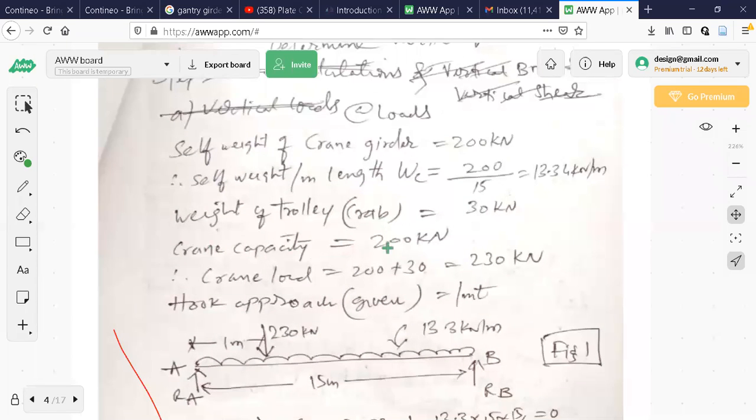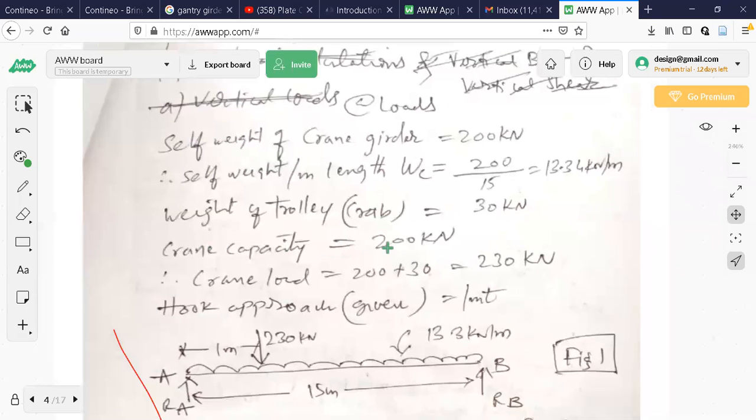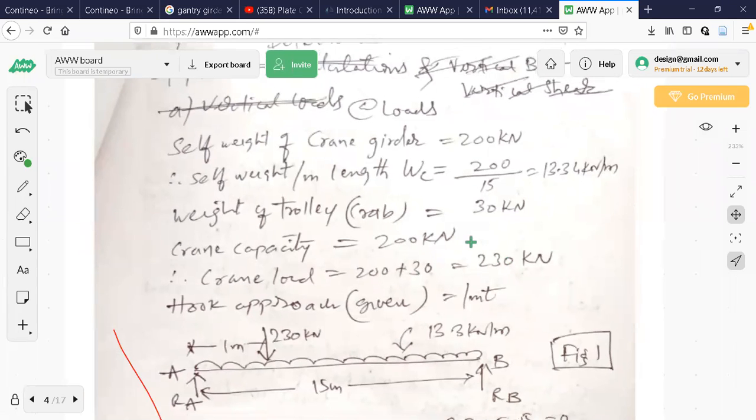Then crane capacity, in addition it has to lift 200 kN, so you have to add this. Totally crane load is weight of the trolley plus whatever weight it is going to lift, 230 kN. So the crane is carrying a load of 230 kN because the trolley itself is 30 kN and in addition to that it is lifting 200 kN.